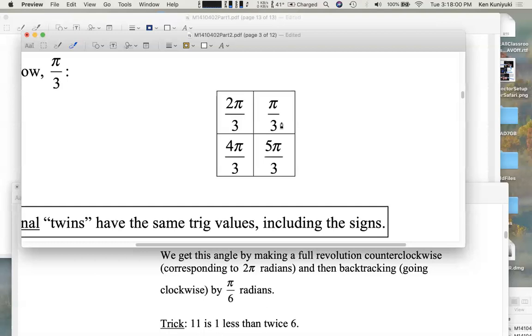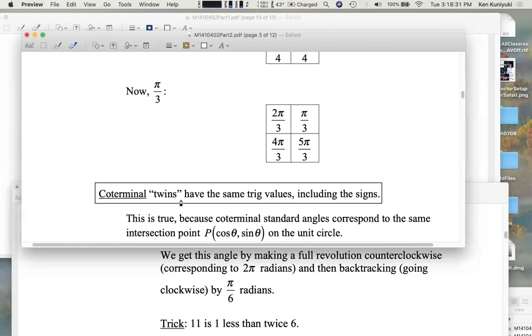So for example, if this is pi over 10, 9 pi over 10, 11 pi over 10, 19 pi over 10. However, there is another trick with reference angles where it wouldn't work for pi over 5 or pi over 10. That's another trick I'll describe later in the chapter. But actually, this works for pi over 3, pi over 4, pi over 5, pi over 6, pi over 7, and so forth.